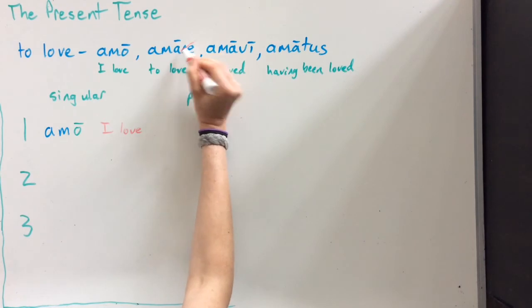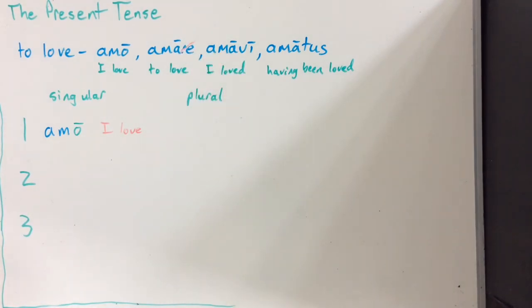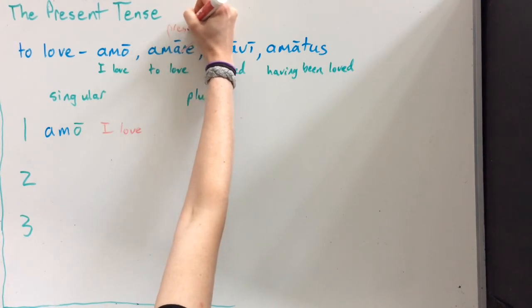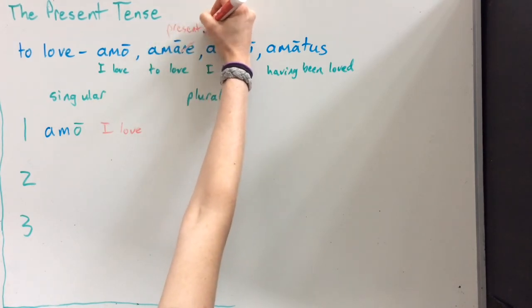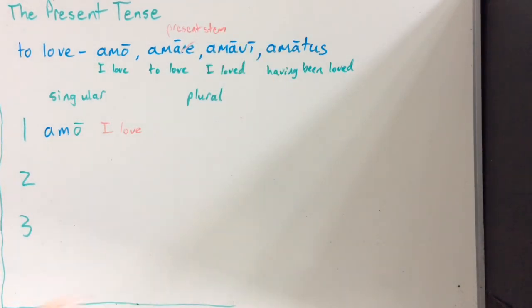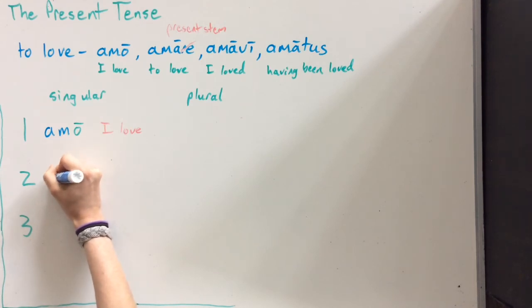I'm going to cross out that RE, and we have ama, which is called the present stem. So we're going to fill that in for all the other forms.